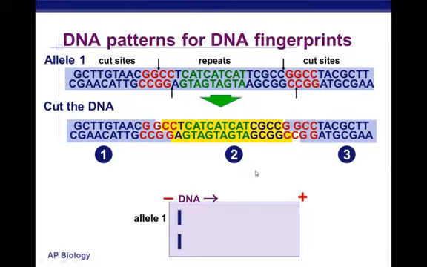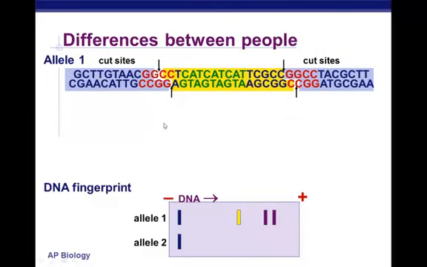I'm going to add my DNA to the gel, and if I run it on a gel now, I'm going to see a band based on the sizes of the fragments that are cut. So the biggest piece is going to take the slowest time getting down the gel, and based on size, you can see the different fragments where they end up on the gel.